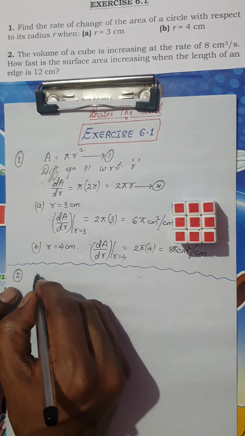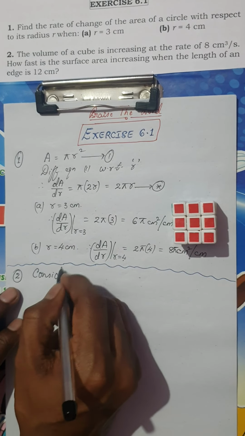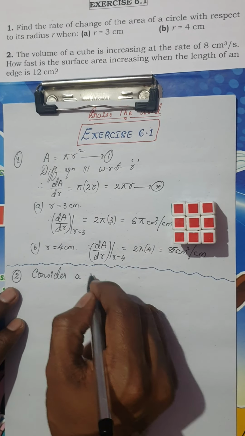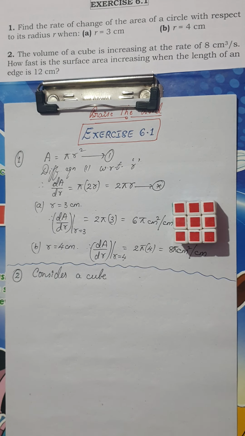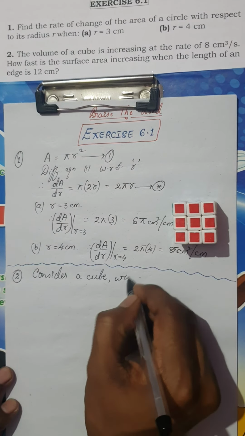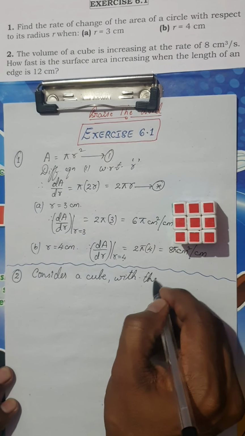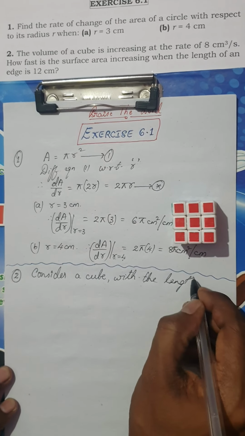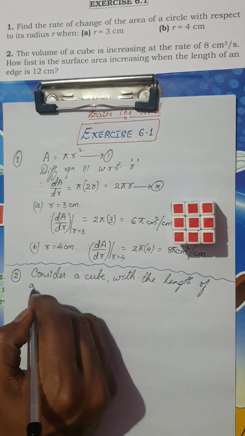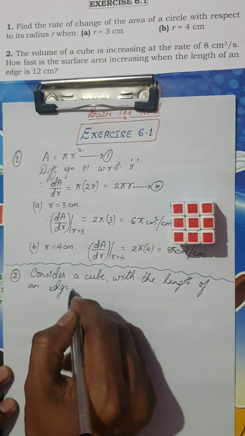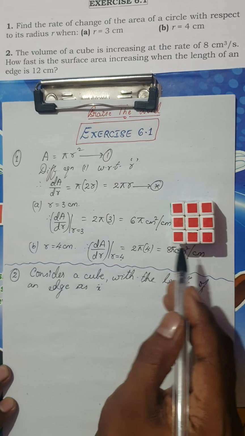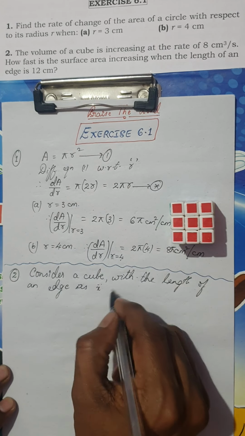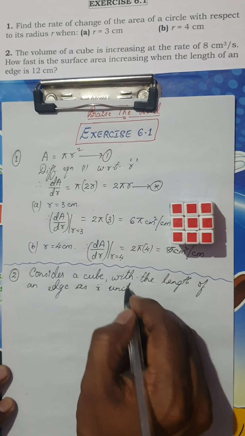Okay, now consider a cube with the length of an edge as x units. So I mean to say the length of this edge I am considering as x units.